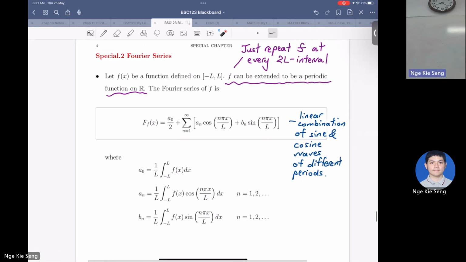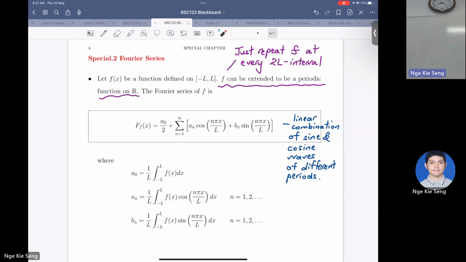So how do we produce a periodic function in general? We can take a function defined on an interval, let's call it minus L to L. What does minus L to L mean?